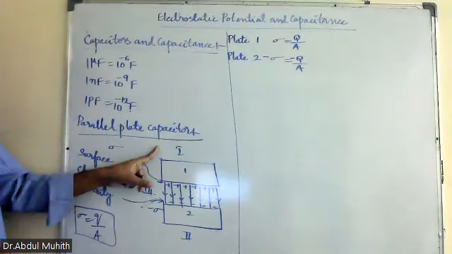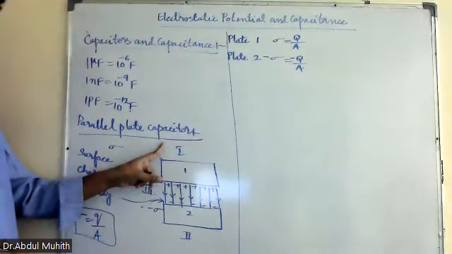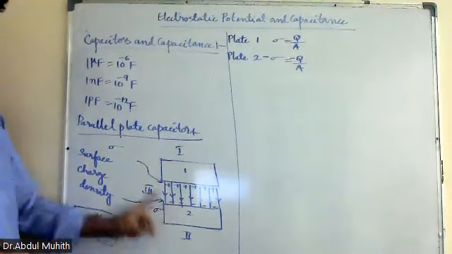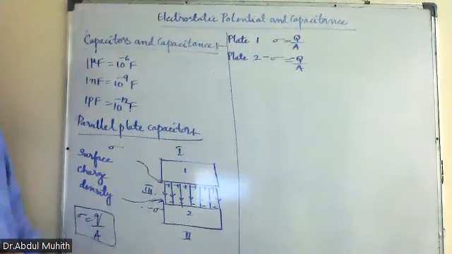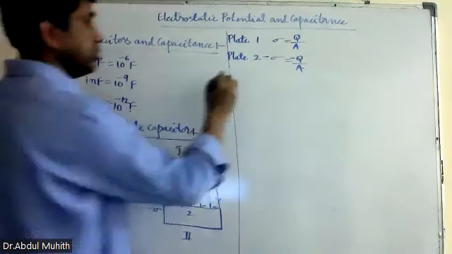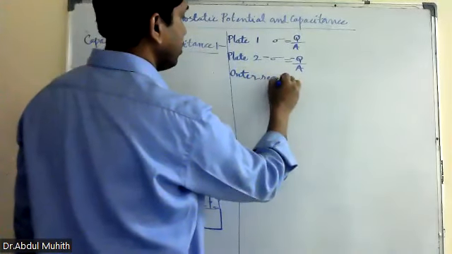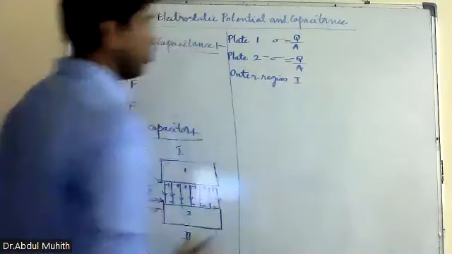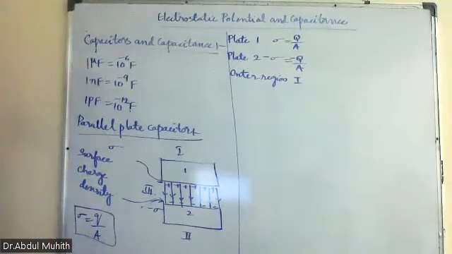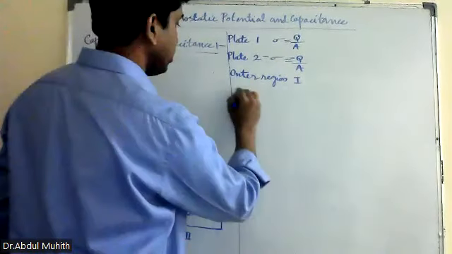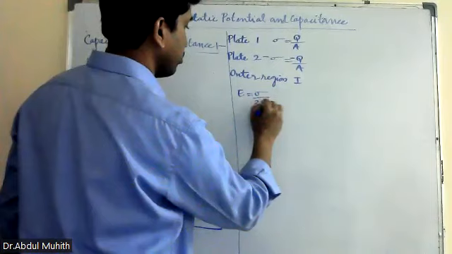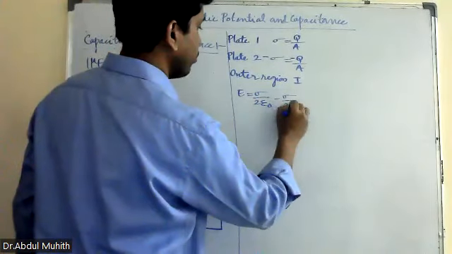Outer region of 1 is region 1, outer region of 2 is region 2, and the region in between is region 3. So we start with outer region 1, the region above plate 1. In that case, E is equal to sigma by 2 epsilon 0 minus sigma by 2 epsilon 0, which is equal to 0.